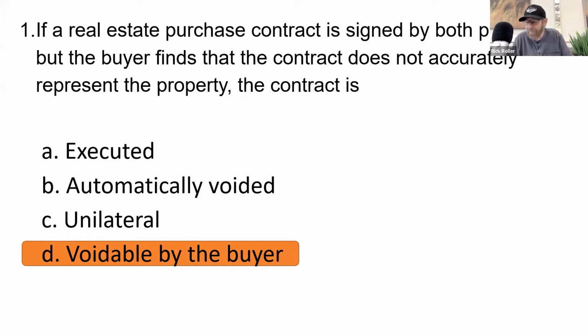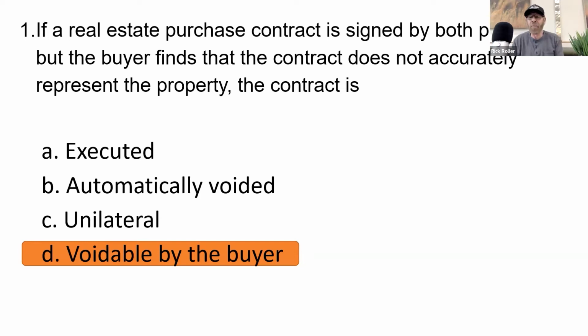So what happens is if you have a situation where there are provisions in the contract that are inaccurate, it's voidable by the person that was disadvantaged, and that would be the buyer. Maybe it had a wrong legal description or an incorrect address, or in some way it didn't really describe the property adequately.